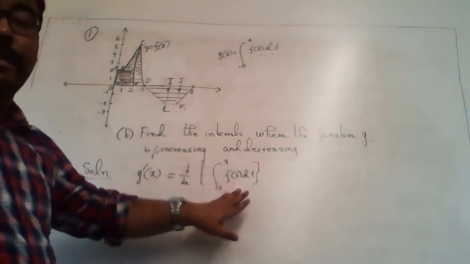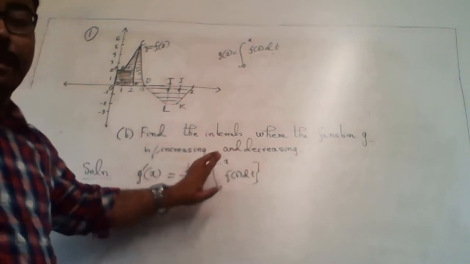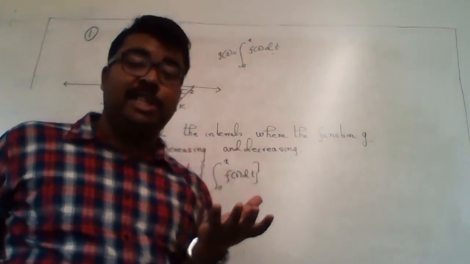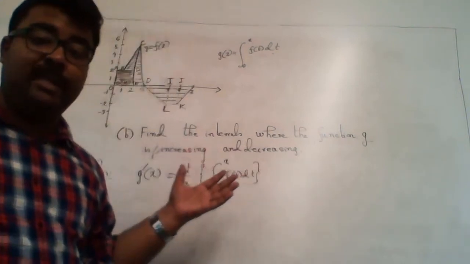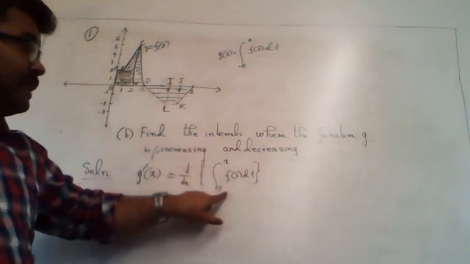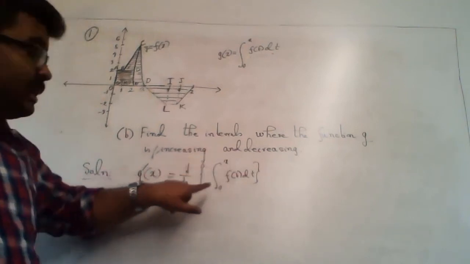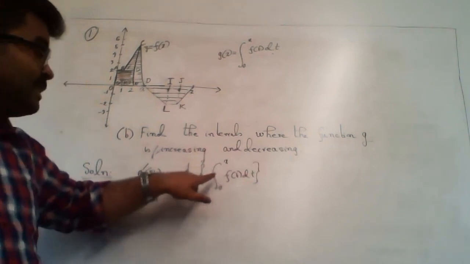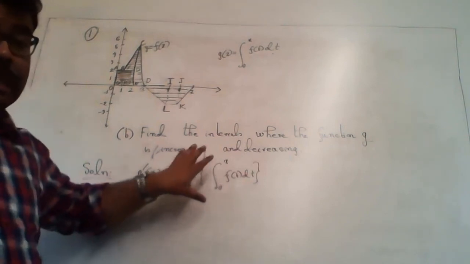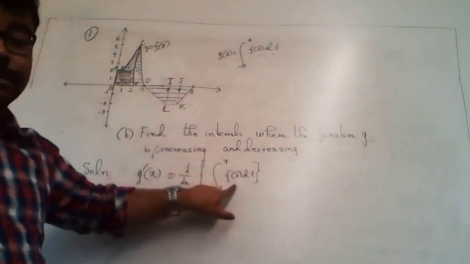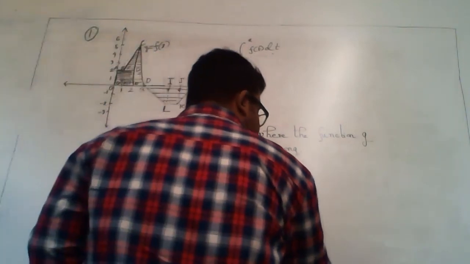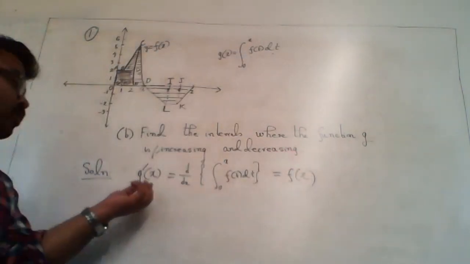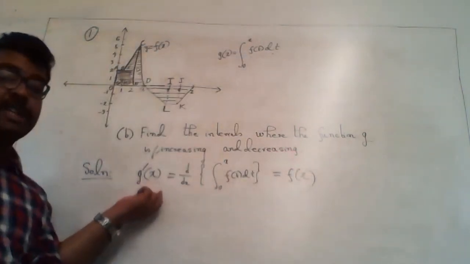We have just studied that differentiation and integration are reverse processes, and by the fundamental theorem of calculus, if I first integrate then differentiate, the integral sign and the differentiation sign cancel each other, and I'll be left with the original function. So the answer will be just f of x. The derivative of the function g of x is f of x.